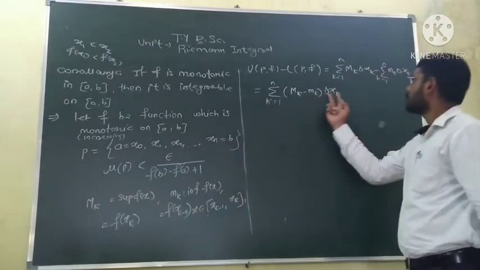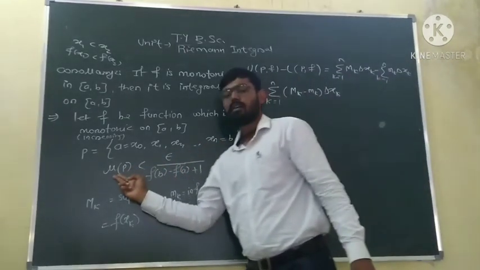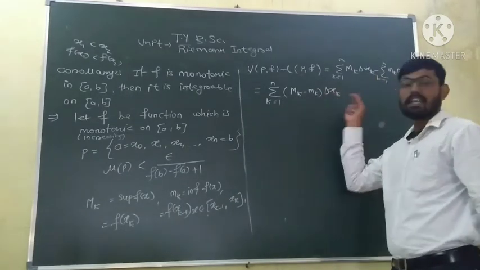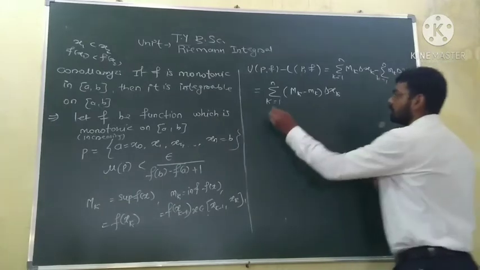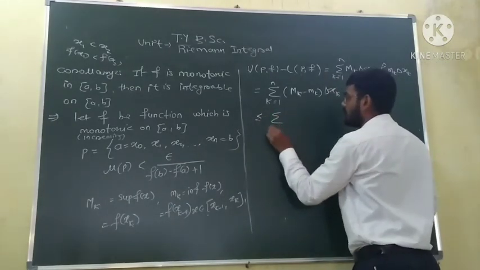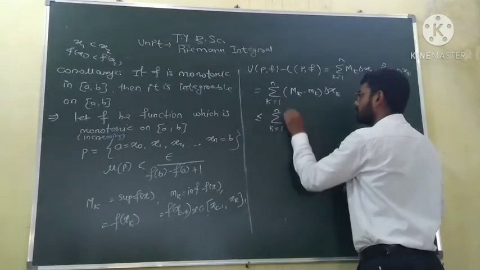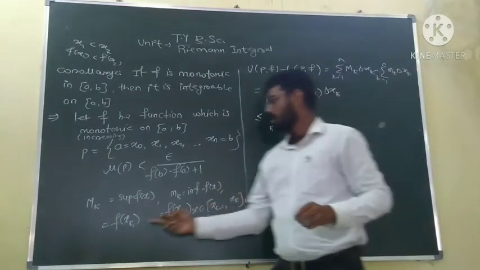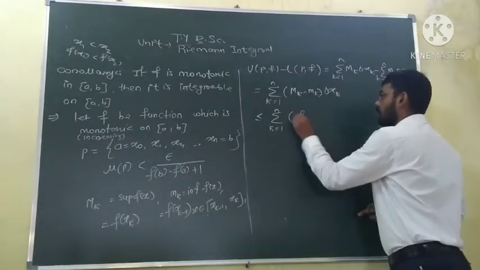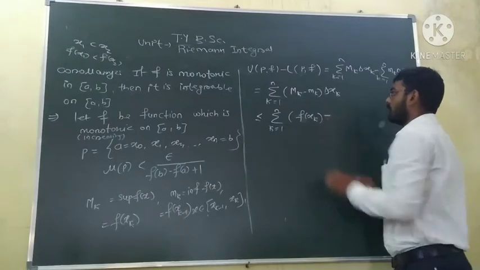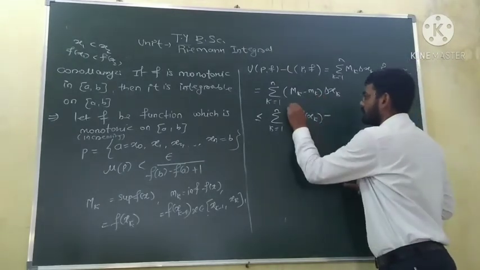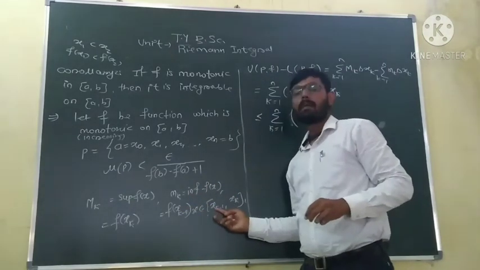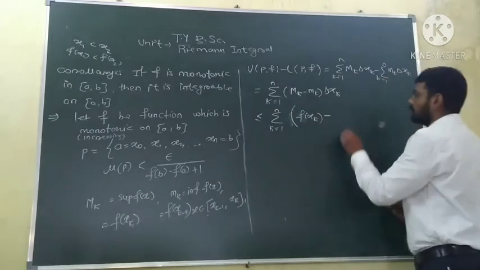So we replace delta xk by the norm. We have to replace the equality by less than or equal, because the norm is always greater than or equal. So delta x is less than or equal to norm of P. So this becomes less than or equal to the summation k equals 1 to n of capital Mk minus small mk. Capital Mk is f of xk, and small mk is the infimum, where the function occurs at the left end point, that is f of xk minus 1.